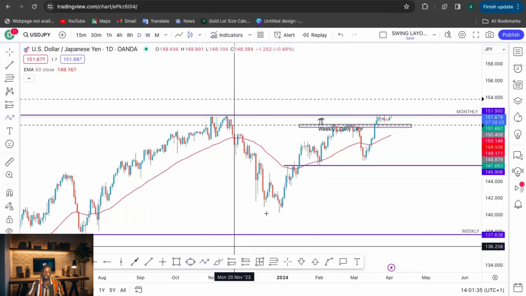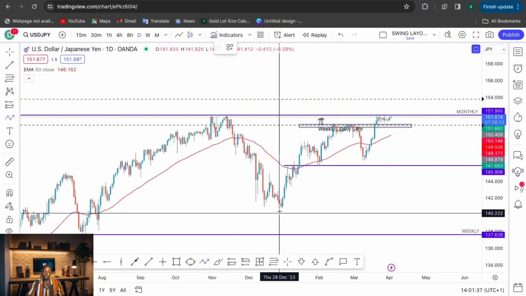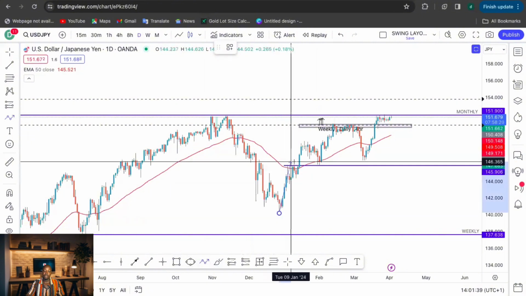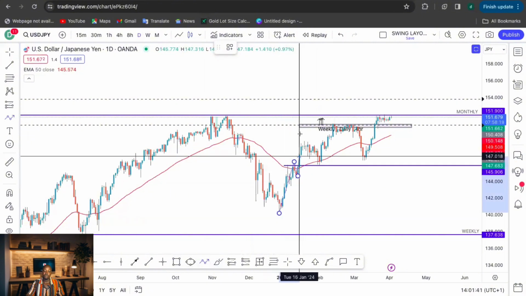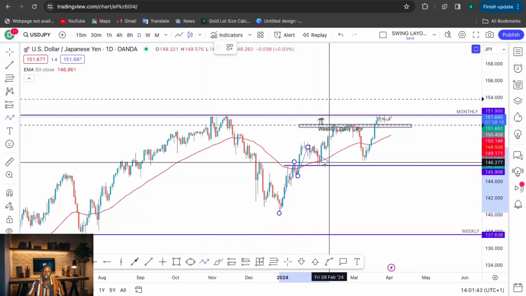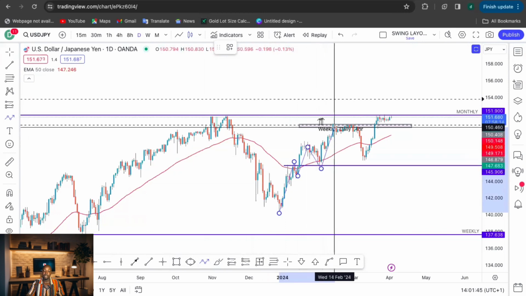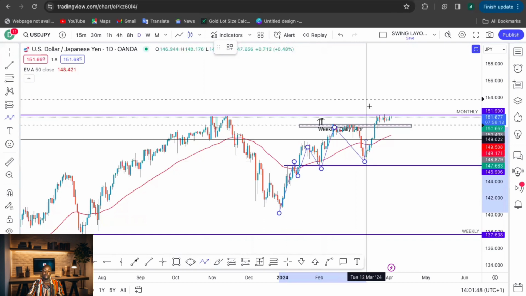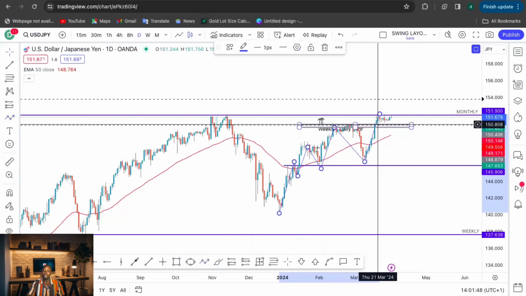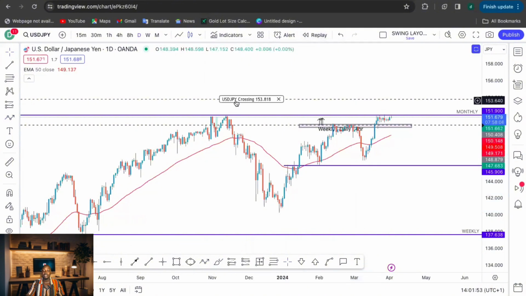Why? It's making consistent higher lows and higher highs: low, high, higher low, higher high, higher low, higher high. So with or without this indicator, I know that this market is in an uptrend. I just like it for visual purposes.